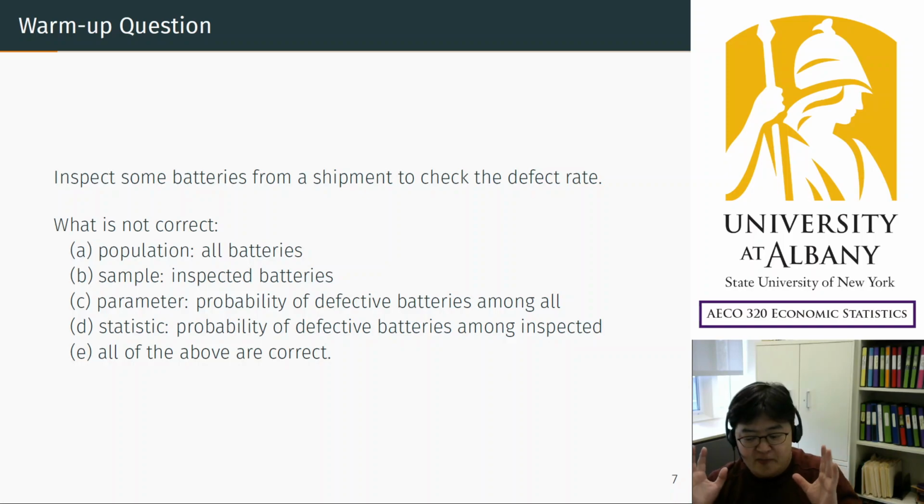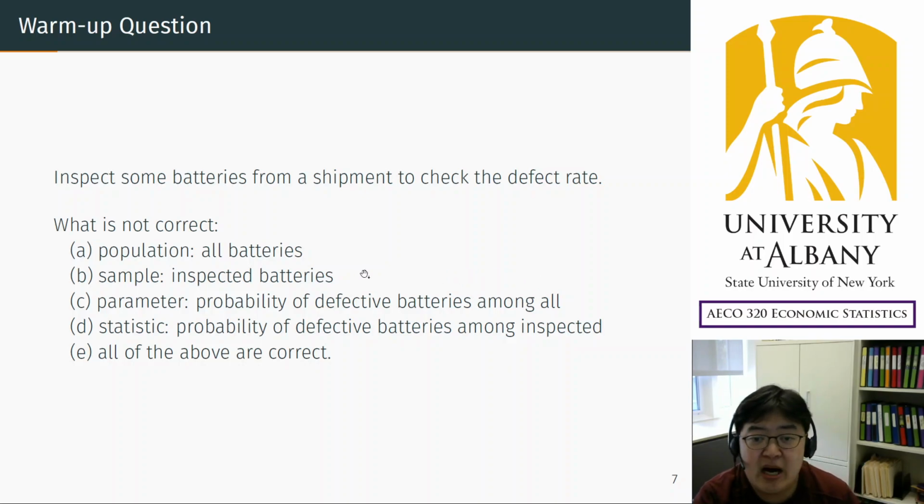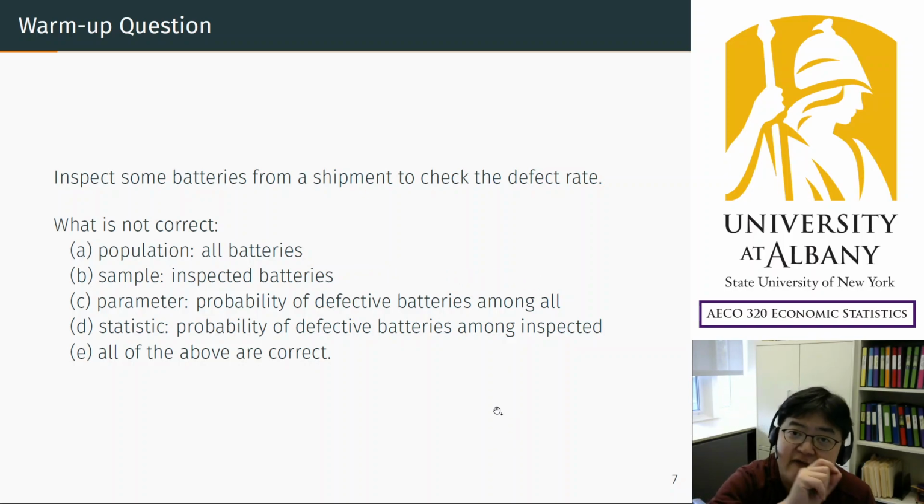So the population is all the batteries shipped to your factory. If you could inspect every single battery you received, then you can calculate the parameter, which is the probability of defective batteries among all the shipped batteries. But it is impossible to inspect every single battery in the shipment.